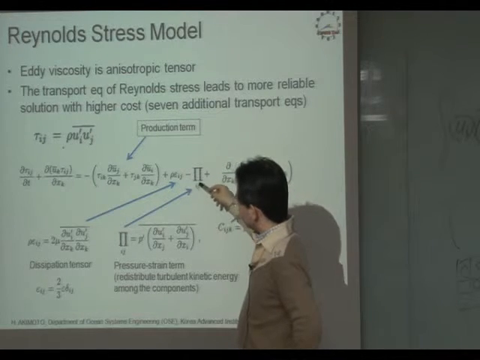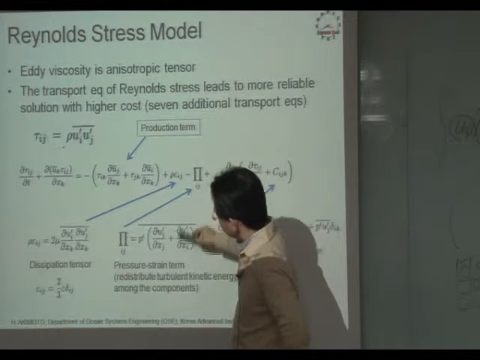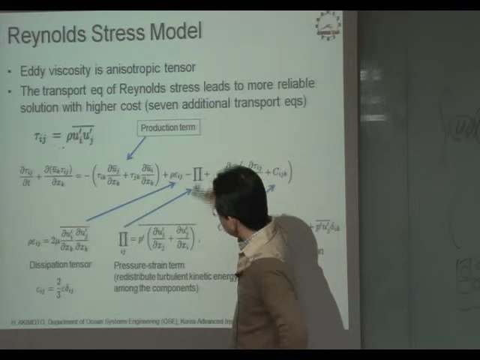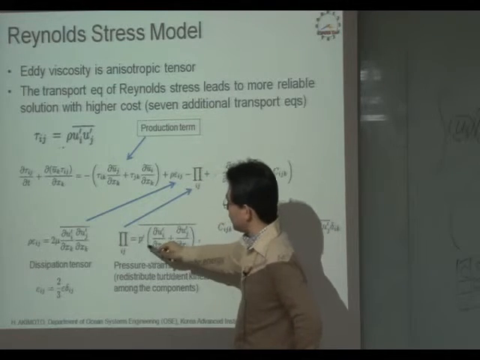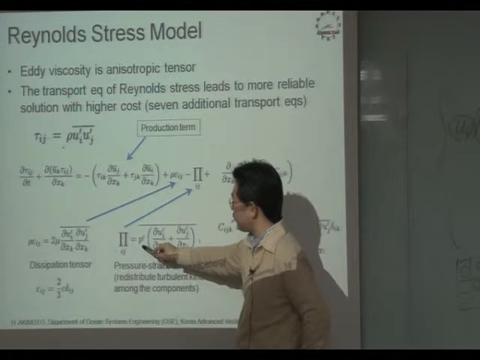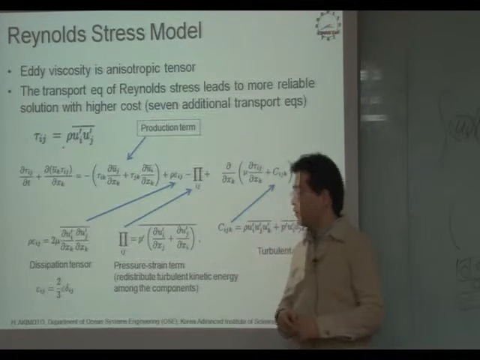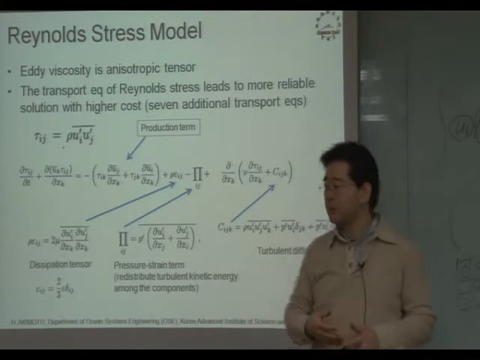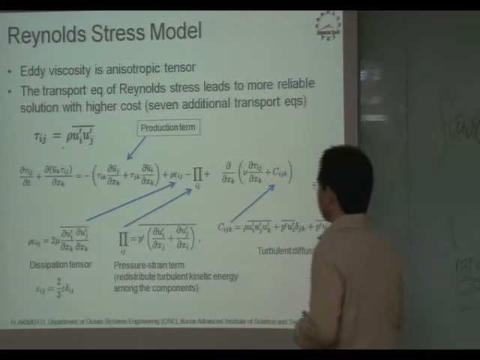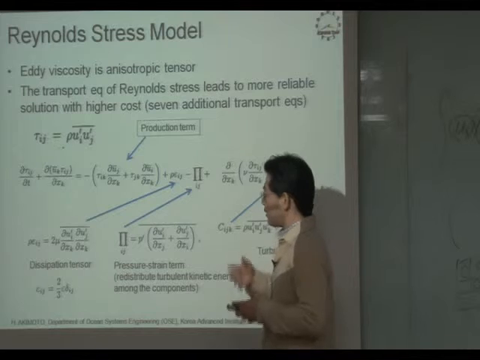The actual structure of this part is like this. It is a product of pressure fluctuation and strain tensor. It will redistribute the kinetic energy to other components.